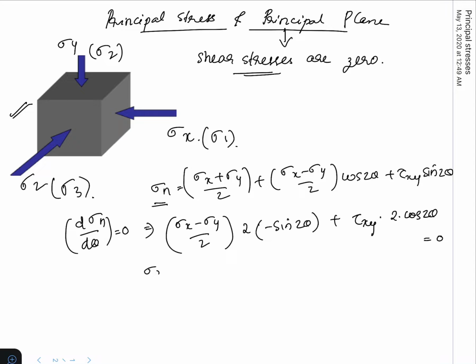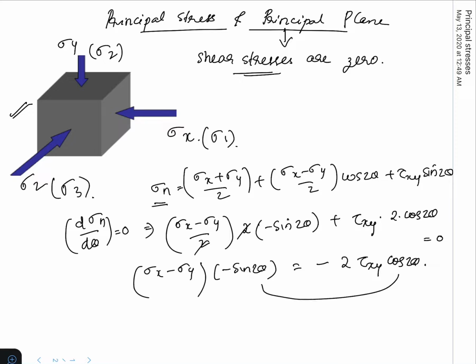Here the 2 and the 2 cancel. So we have sigma x minus sigma y times minus sin 2 theta equals minus 2 tau xy cos 2 theta. Taking this to the other side, the negatives cancel out, so tan 2 theta equals 2 tau xy by sigma x minus sigma y.